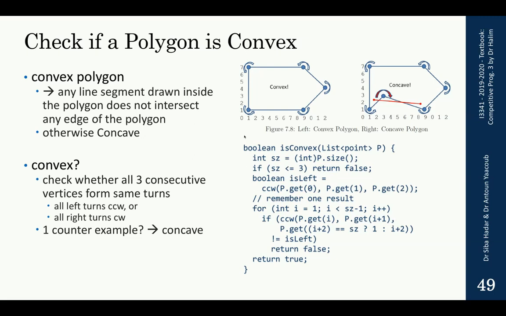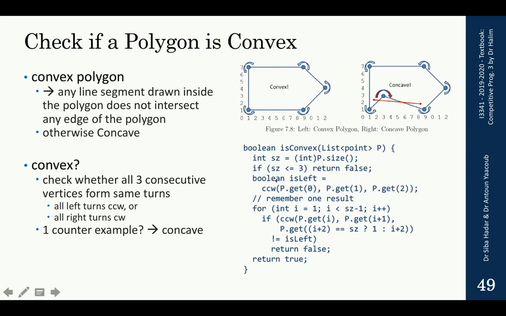And if it is at least 3, I get the first, second, and third point, and I check them to see if they are counterclockwise. I check 0, 1, and 2, and if they are counterclockwise, it will return true. If they are not counterclockwise, if they are clockwise, if they form a right turn, we say CW means right turn, it will return the value false.